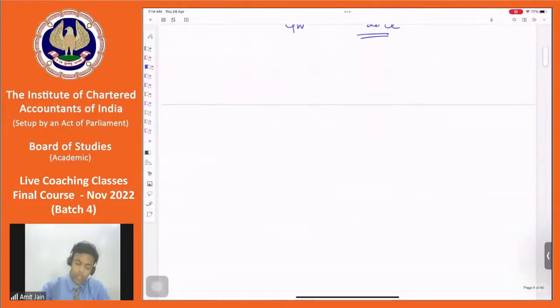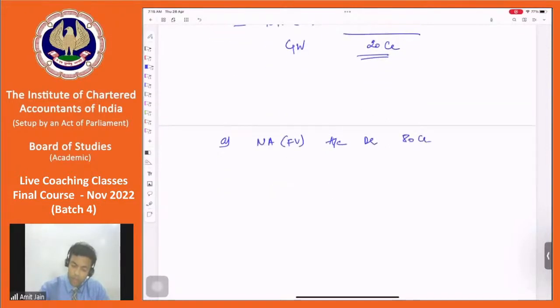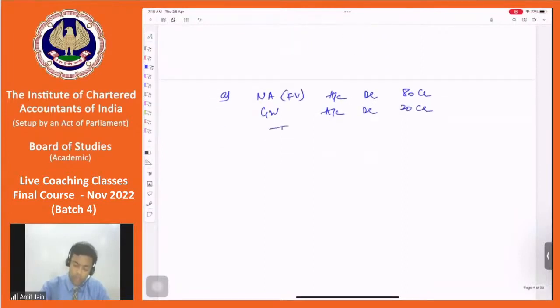So what is the first entry? The first entry in the consolidation will be net asset at fair value account debit 80 crores, goodwill account debit 20 crores, to purchase consideration 100 crores.